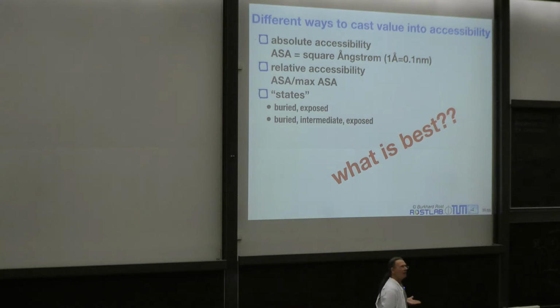And there is some rationality. Now, the problem becomes, what do you call better? Let's just look at the simplest example. We have the alternative between using 2 states, buried and exposed, and 3 states, buried, intermediate, exposed.